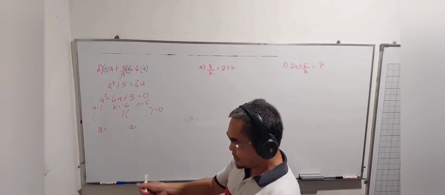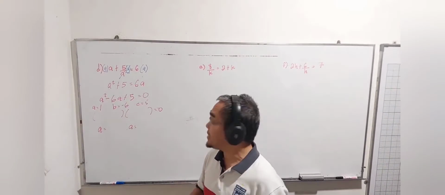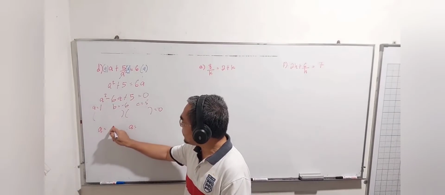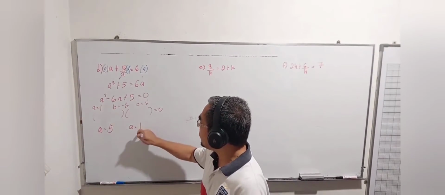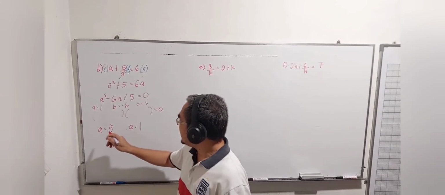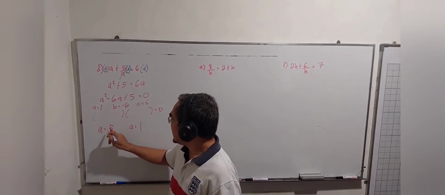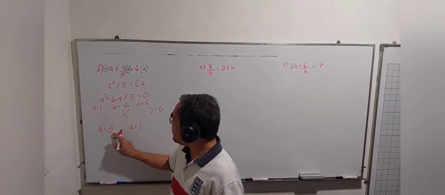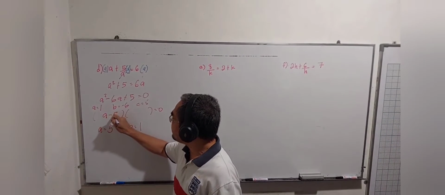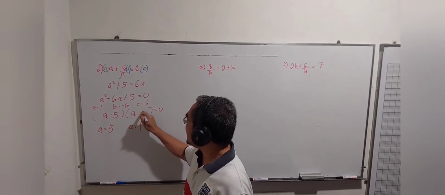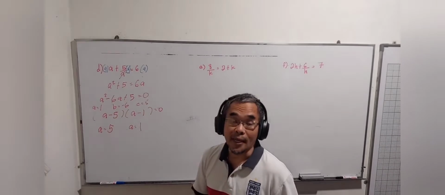Then you get the first value, which is written as X here, but the value is actually for A is 5, the other one is 1. Okay, and as I have shown you, if the value of A is positive, it should be A minus 5 and A minus 1 in the bracket.